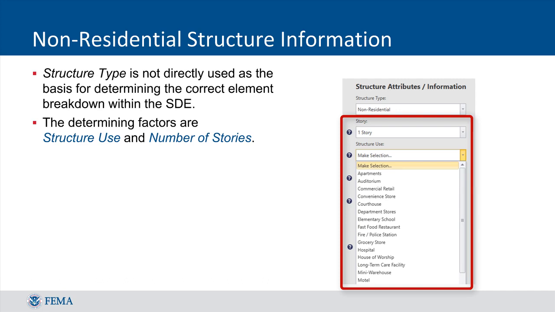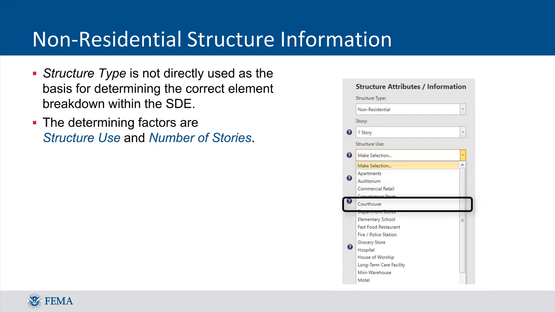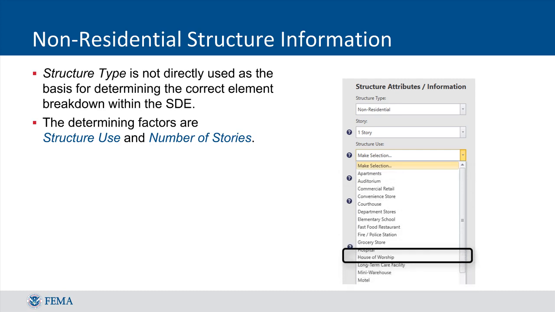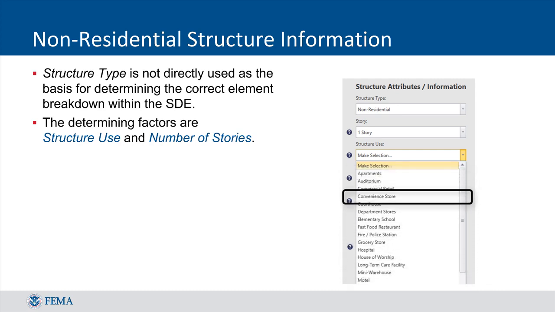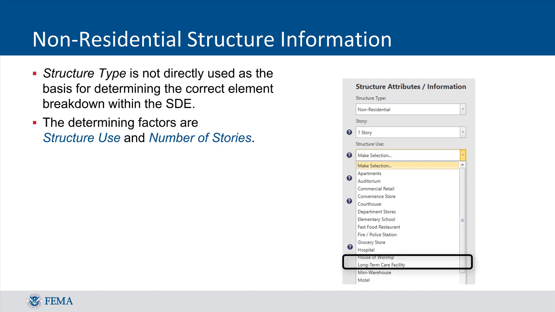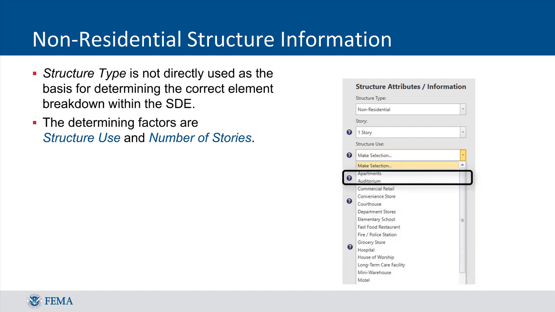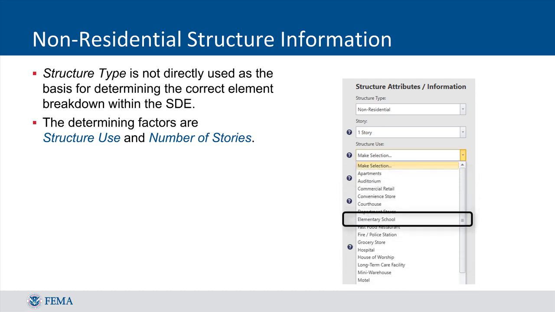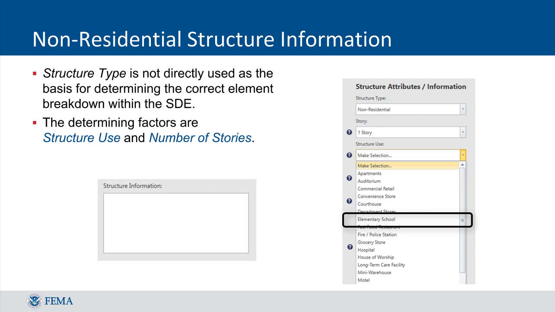The choices for structure use will vary based on the number of stories you have selected. In some cases, you may find that there is not a structure use option that matches exactly to the structure you are assessing. In these cases, you should select the structure use that is most akin to the structure you are assessing and record a note in your assessment to ensure that the information you collected is well documented.